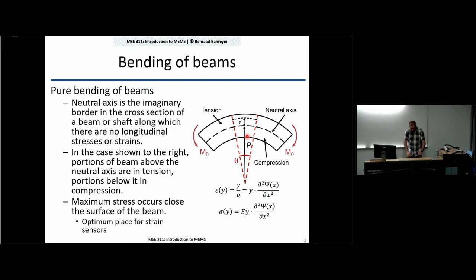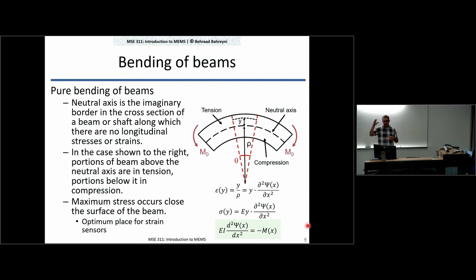Now, you can go and find the stress at any distance y from the neutral axis. You know, it's a linear material, isotropic. So stress at any y is just E times the strain, and I already know the strain. So this is the stress at any distance y from the neutral axis. And then the next thing you can do is look at the moment of inertia that is applied here.